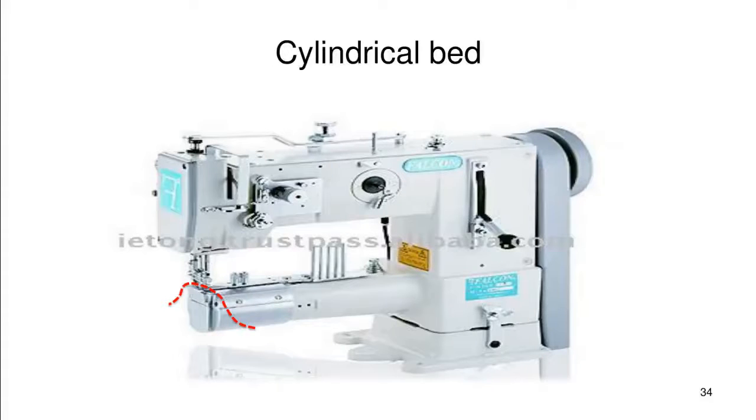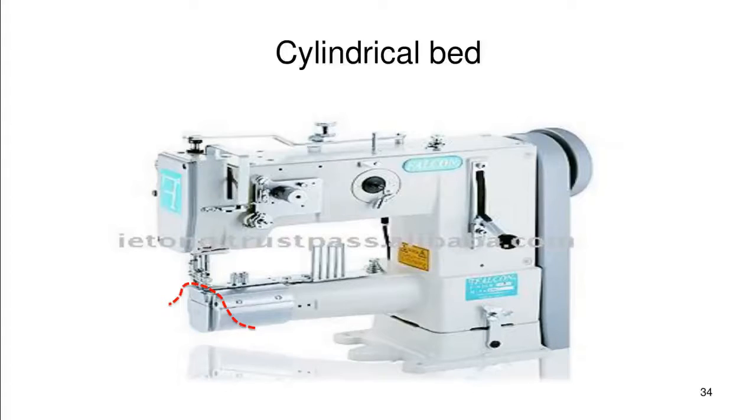Go to slide number 34. This is a cylindrical bed. If you see feed of the arm, it is slightly different from a cylindrical bed, which is just one arm. In the case of feed of the arm, you have an L-shaped arm. In the case of a cylindrical bed, you just have a straight arm. And in this case, the operation that you see is again moving perpendicular to the arm.